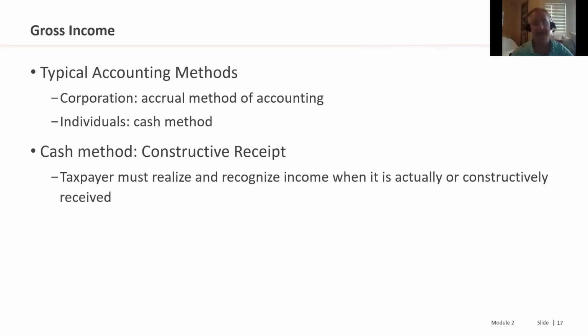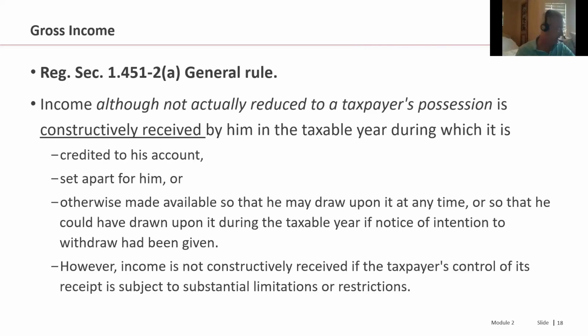One of the unique things under the cash method is that a taxpayer must realize and recognize income when it is actually received, or when it is constructively received. So what is constructive receipt? Constructive receipt does not actually require the money to fall into the possession of the taxpayer.